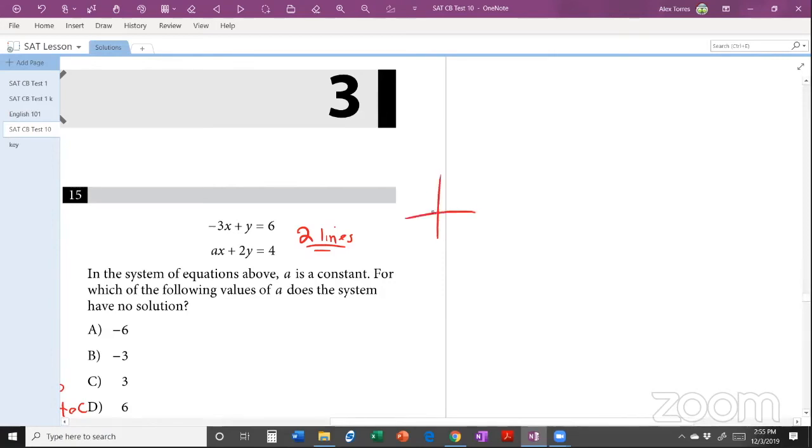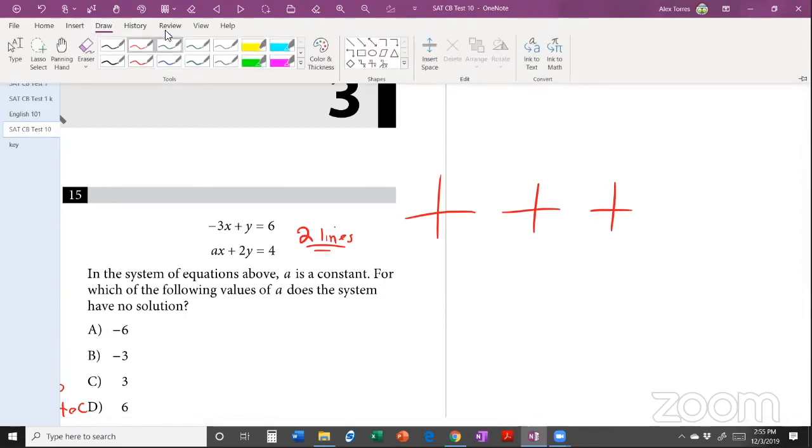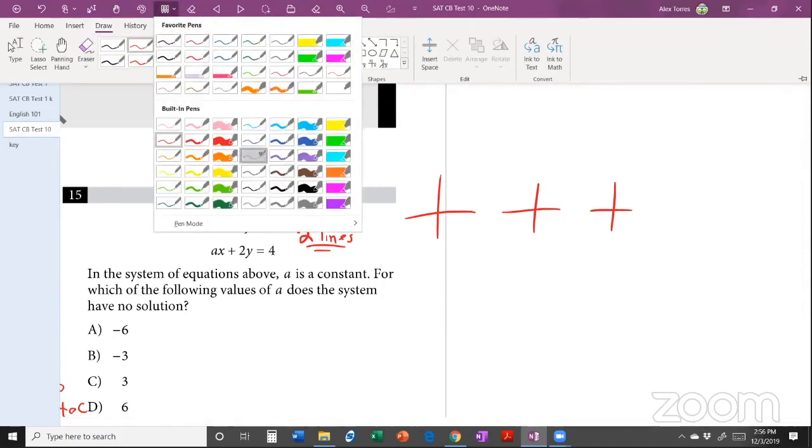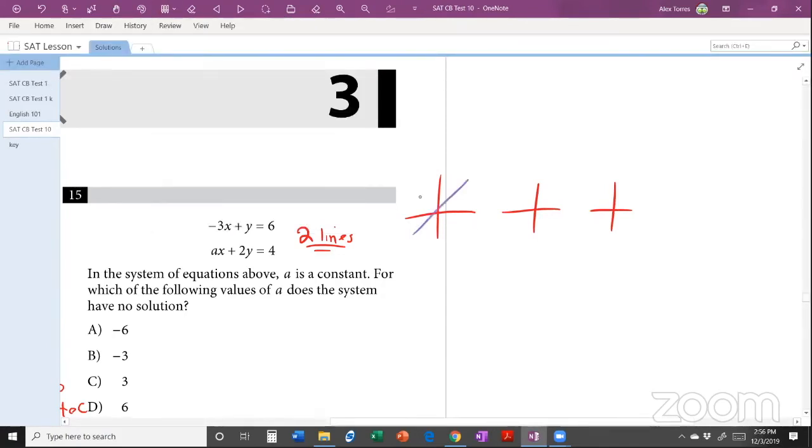And there are three ways that two lines can interact with one another. And that's what we're being asked about here. Do we know the three ways that two lines can interact? They can hit once, they can hit never, or they can hit all the time. In other words, you can graph the first one, and when you go to graph the second one, you realize that it was actually the same line all along.